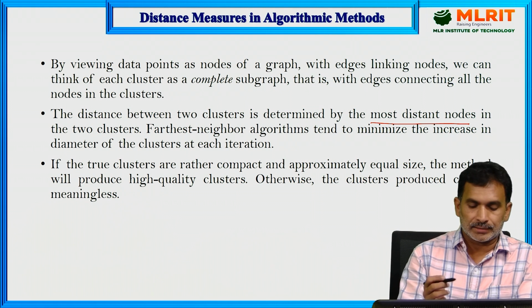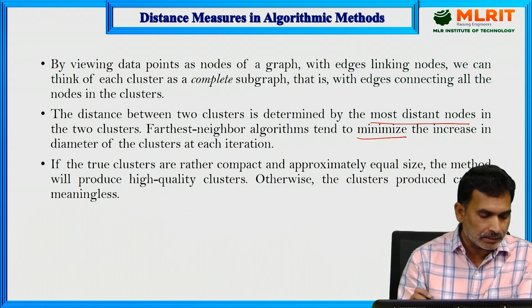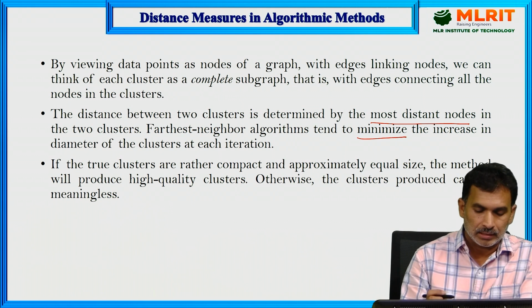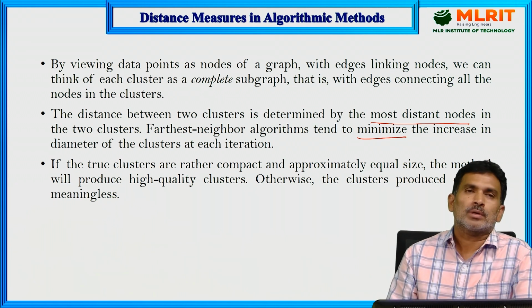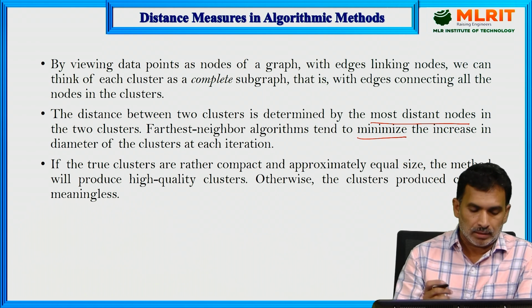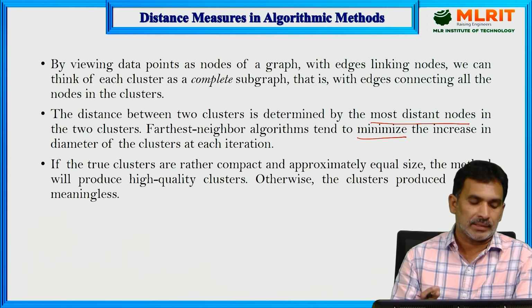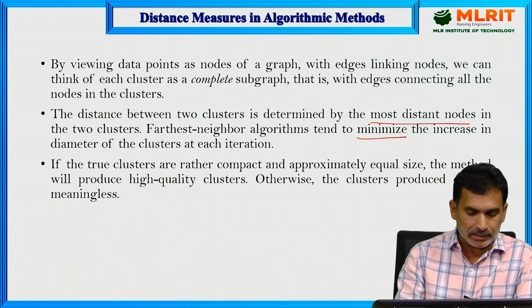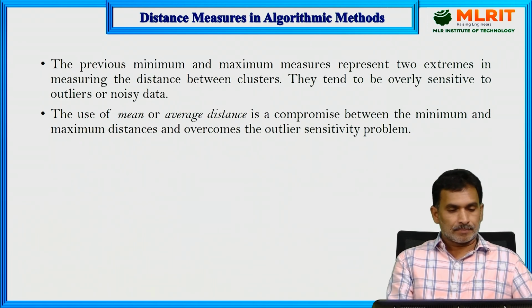So the farthest neighbor algorithm tends to minimize the increase in the diameter of the clusters at each iteration. If the two clusters are rather compact and approximately equal in size, then the method will produce high quality clusters. Otherwise, the clusters produced can be meaningless.